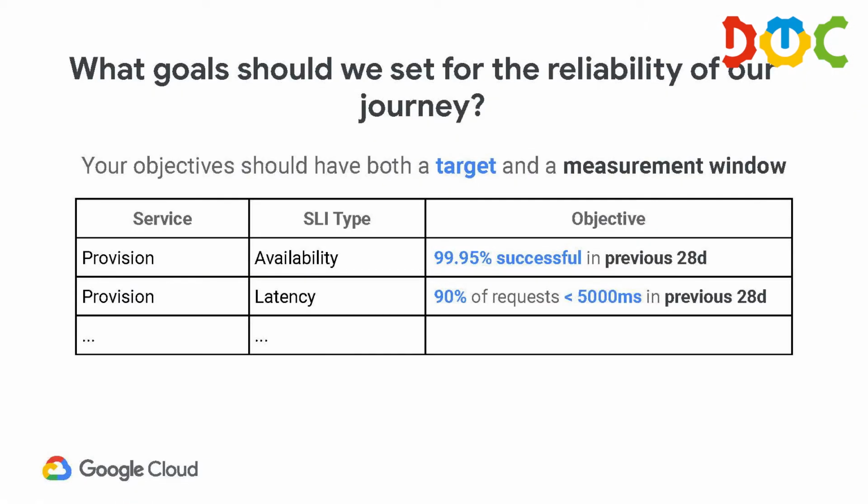So provision, we had an availability SLI and a latency SLI. So we might say, for this particular service, for this particular customer journey, this action that the customer is taking, we want 3.5 nines successful in the previous 28 days, and 90% of our requests are served within 5 seconds.